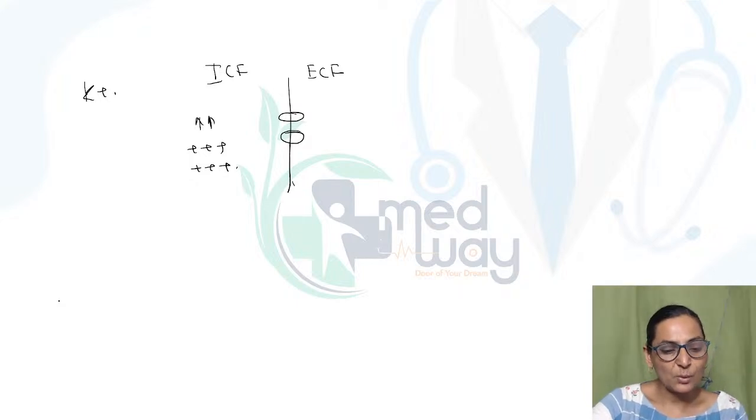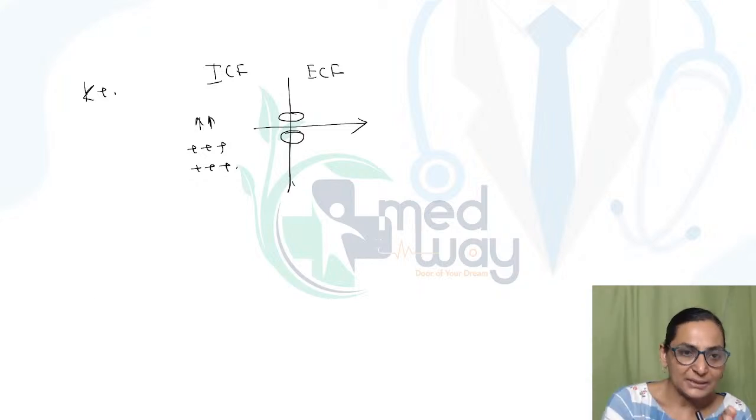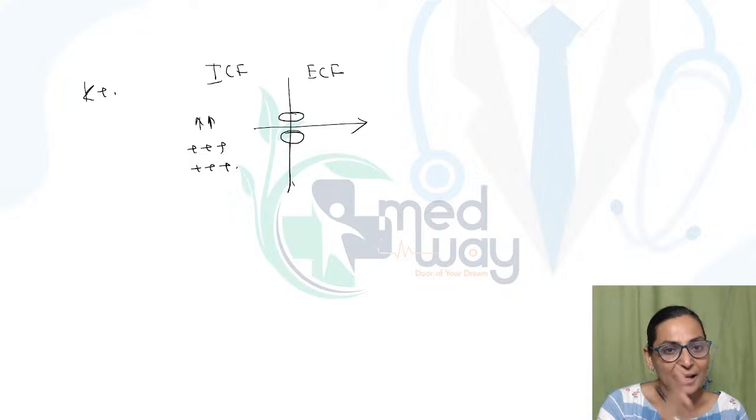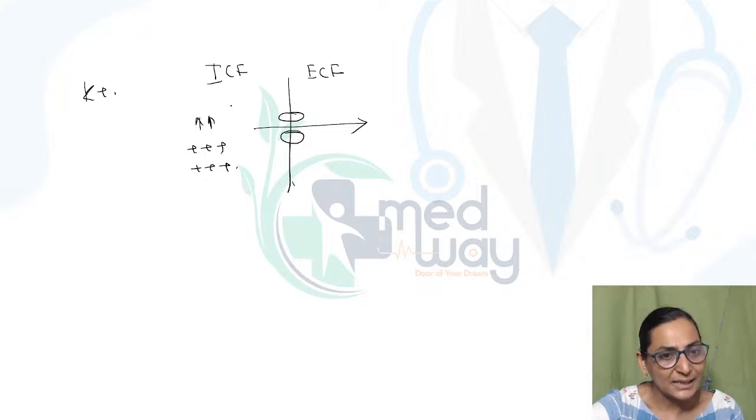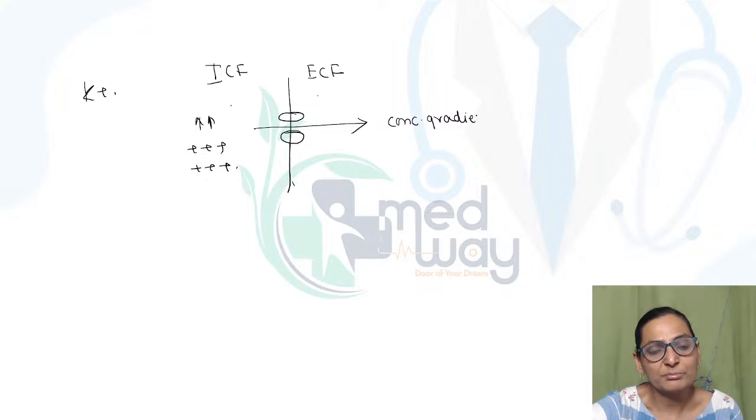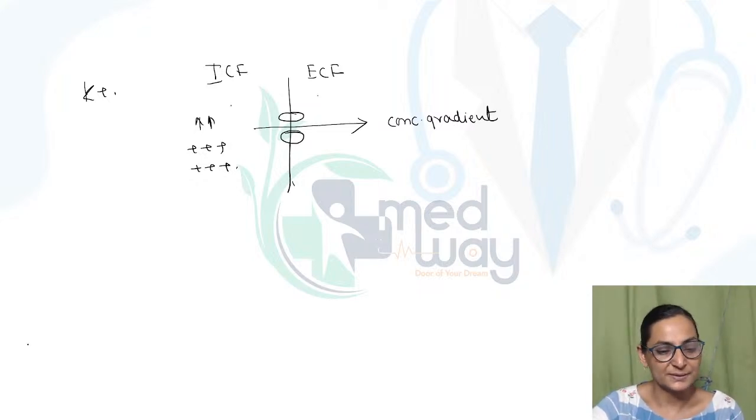Because the potassium concentration is more in the ICF, the potassium will move outside from the ICF to the ECF. So when the potassium ion is moving from the ICF to the ECF, due to the difference in concentration, meaning here it is more as compared to the ECF, it is moving down its concentration gradient. This is called diffusion because of concentration gradient.